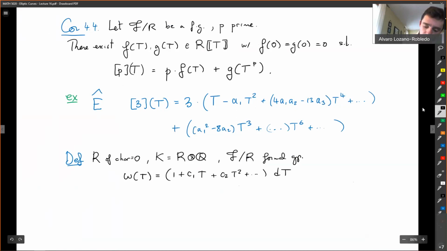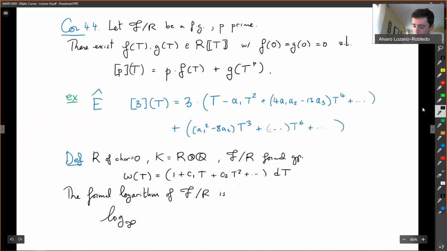Then the formal logarithm of the formal group, which we write log F of t, is the formal integral of the differential.